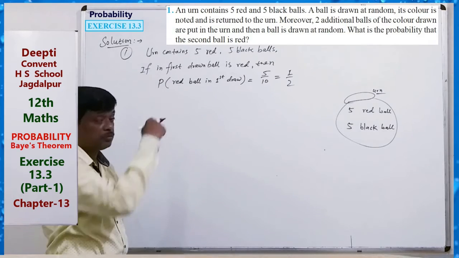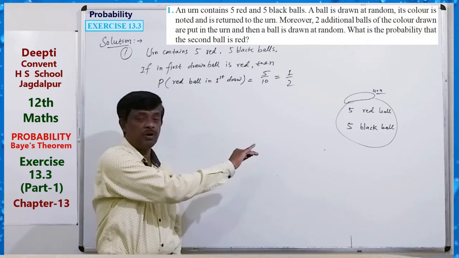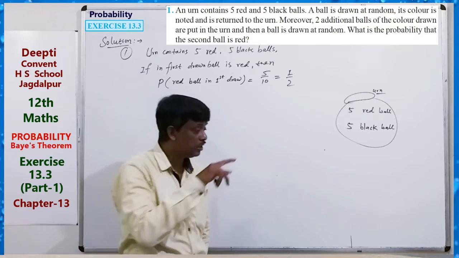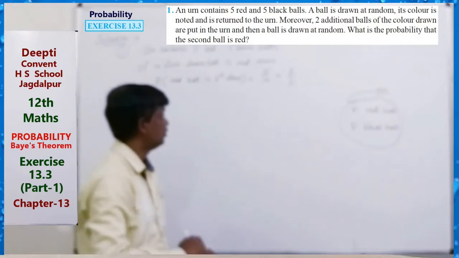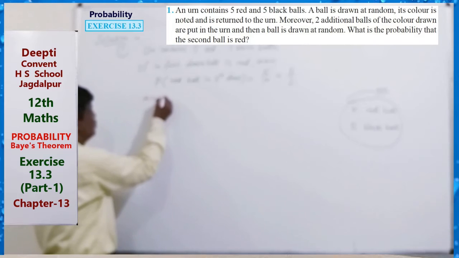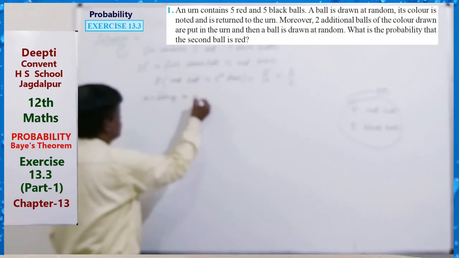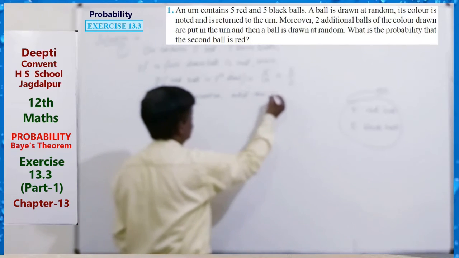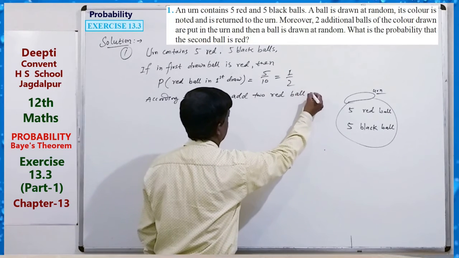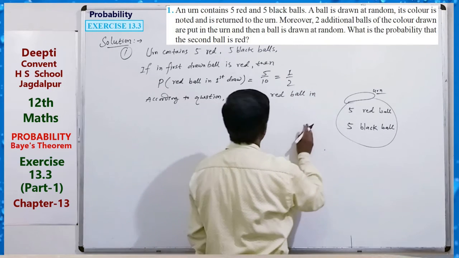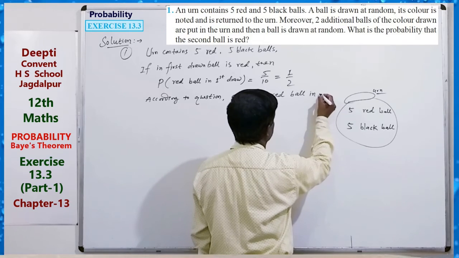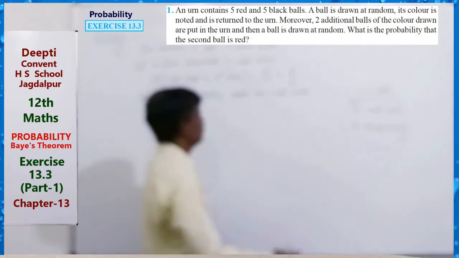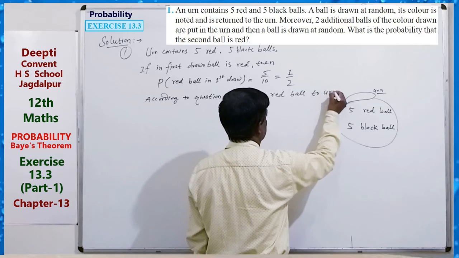Because in the first draw a red ball is drawn, we put the ball back in the urn and, according to the question, add 2 red balls to the urn.